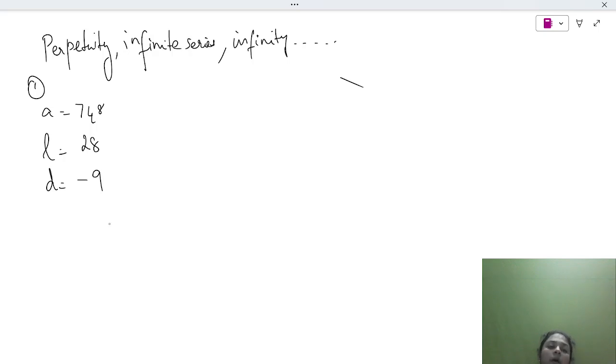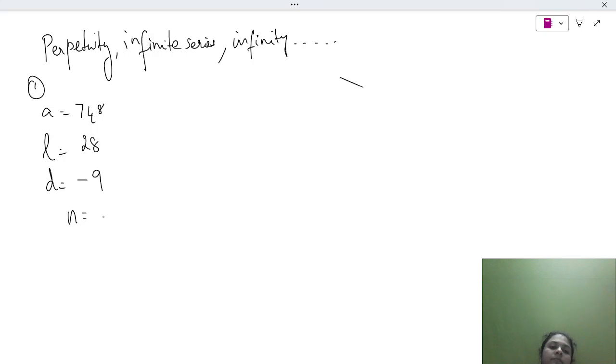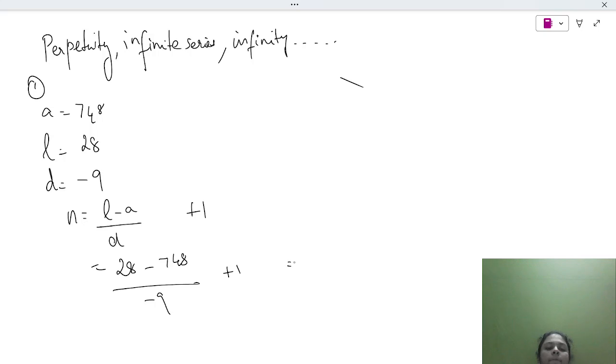Now what is the number of terms? Can anyone tell me the formula? L minus A by D plus 1. Very good. L minus A by D plus 1. So 28 minus 748 divided by minus 9 plus 1. Answer?